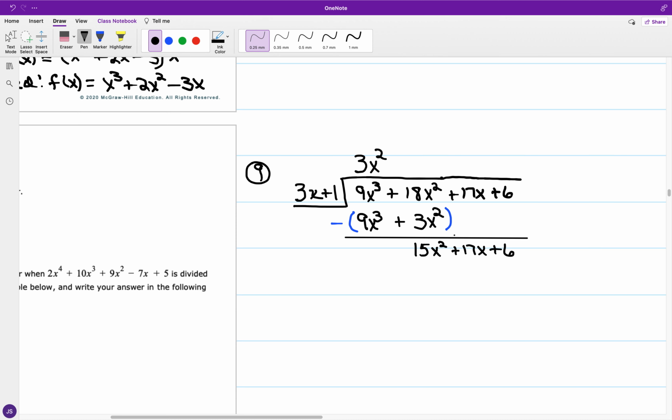Okay, so for the next stage, we can sort of hit the reset button. Now the leading term has transitioned from 9x cubed to 15x squared. I can take 3x into 15x squared, which will go 5x times, and distributing, 5x times 3x is 15x squared, and 5x times 1 is 5x.